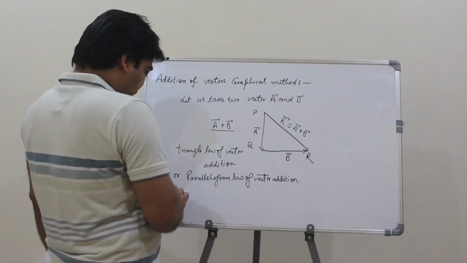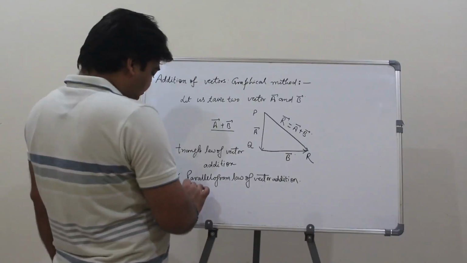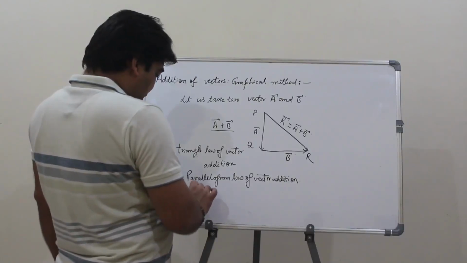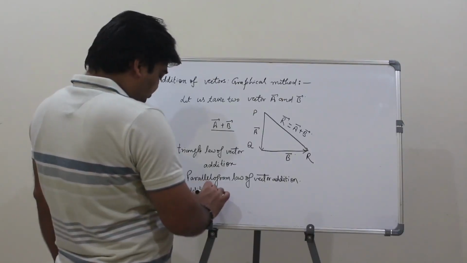Now let us take some simple properties. The first property is that vector addition is commutative in nature.